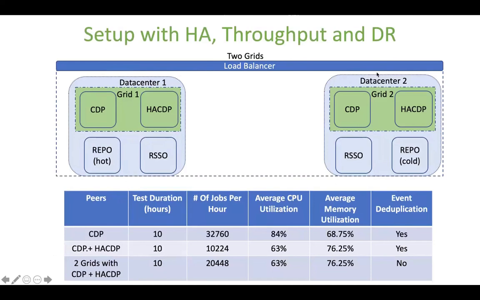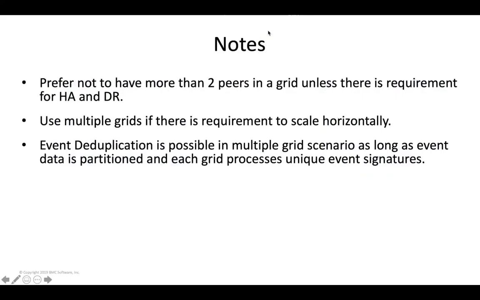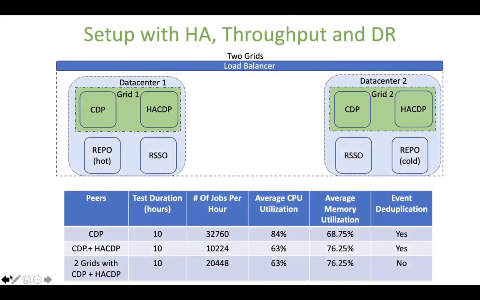Remember in the slide you had 4 peers, your throughput was like 4,000 plus jobs per hour. Here you still have around 20,000 jobs per hour. Again, if you have monitor adapters, you have to make sure that the event deduplication will be hit. Okay. So those are some of the thoughts or suggestions that we have.